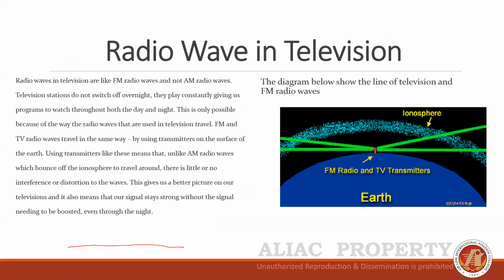So radio waves in television. So radio waves in televisions are like FM radio waves and not AM radio waves. Television stations do not switch off overnight. They play constantly, giving us programs to watch through both the day and night.